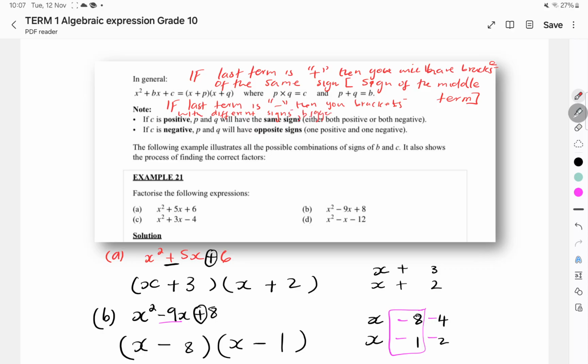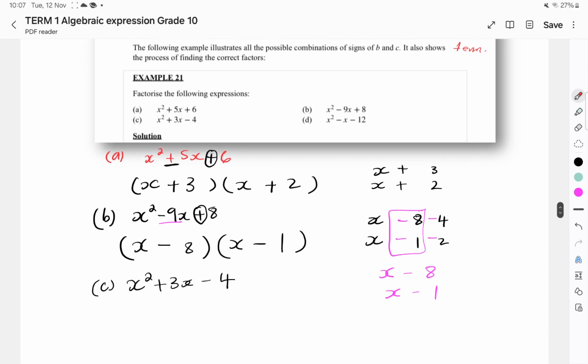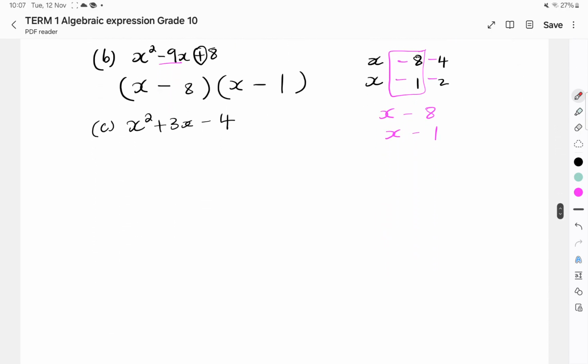The bigger number will take the sign of the middle term. Just write your notes for yourself very nicely. If the last number is negative, then you'll have brackets with different signs. The bigger number of your factors will take the sign of the middle term.